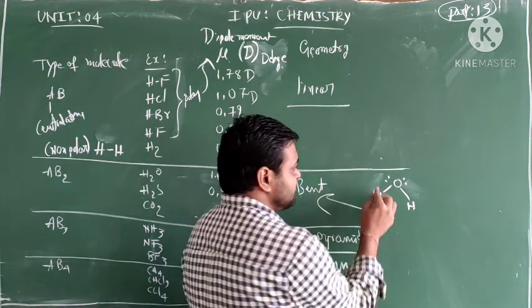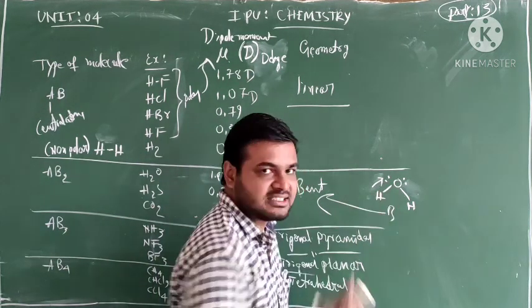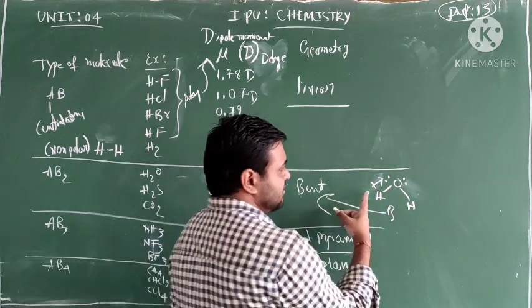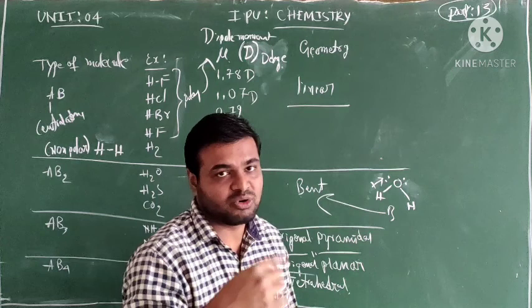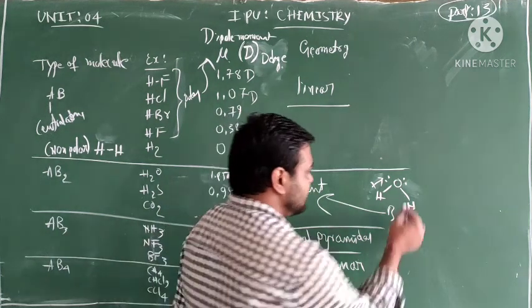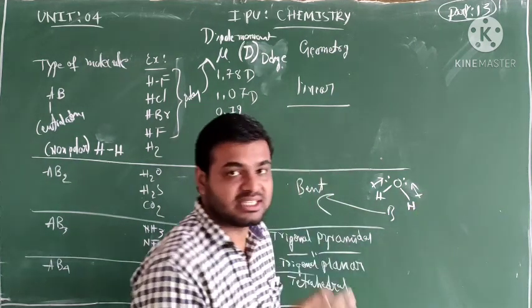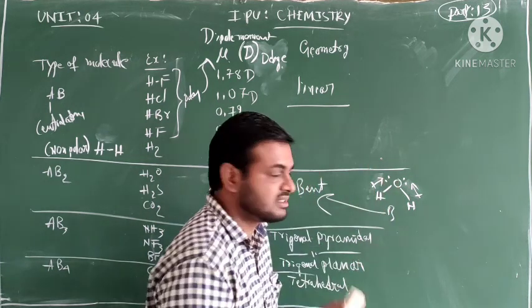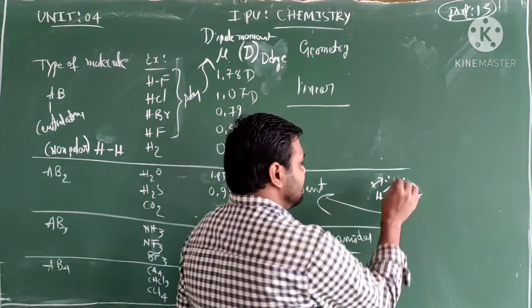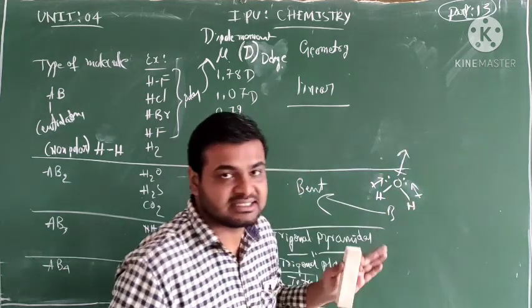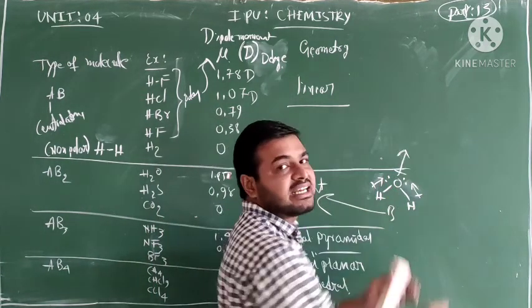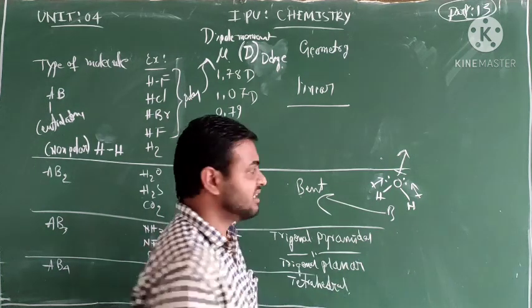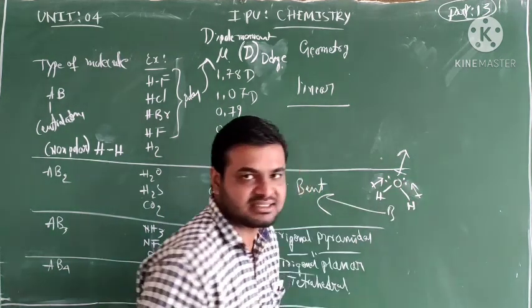In this case, hydrogen is less electronegative and oxygen is more electronegative, so the electrons move towards the more electronegative oxygen atom. Here also it is the same. In this type of case there are lone pairs of electrons going in a direction, so it will not be a linear structure because of the presence of lone pairs.